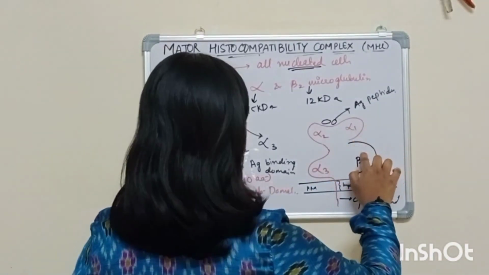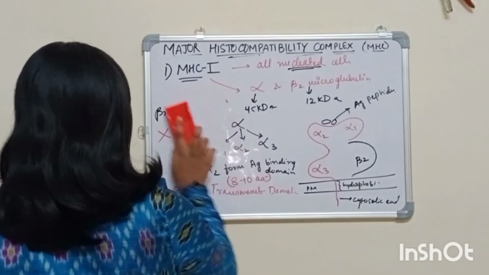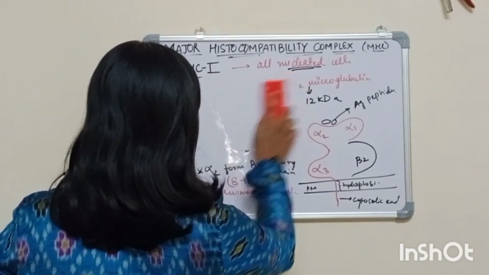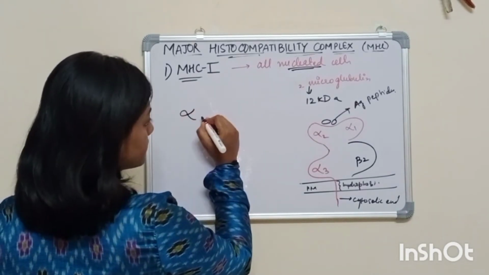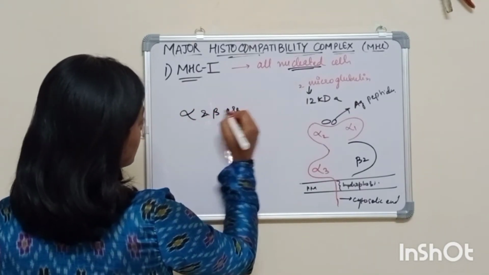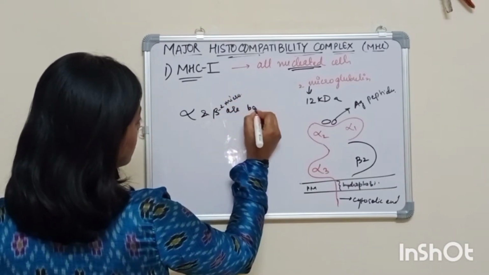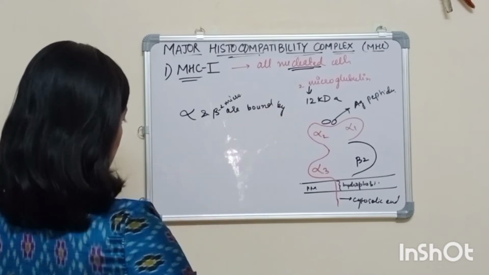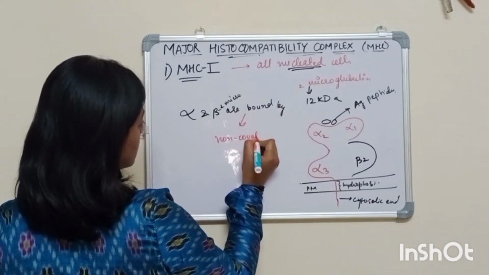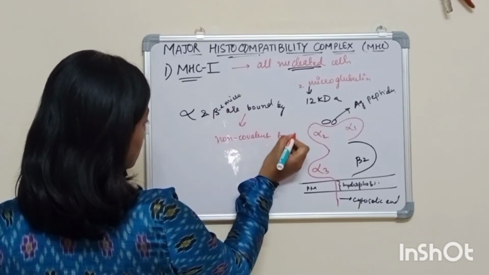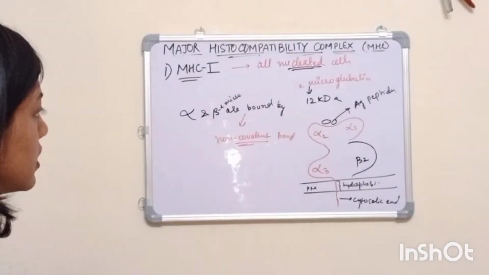Alpha and beta 2 microglobulin are bound by a non-covalent bond.